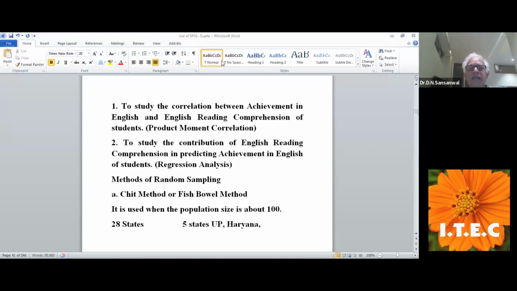In random sampling, what can be the other method? What can be the other method that you can use?